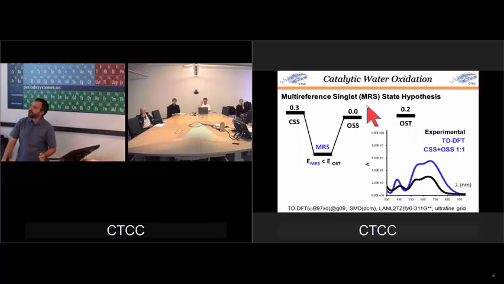And this is supported, in a way, by the TD-DFT calculations, because if you mix the closed shell and the open shell singlet TD-DFT spectra in a 1-to-1 ratio, which is consistent with these two states being almost degenerate, then we get the best agreement so far between the experimental UV visible, shown in black in all the slides, and the TD-DFT, which appears in blue here, mixing the two electronic solutions, closed shell and open shell, for the singlet state.